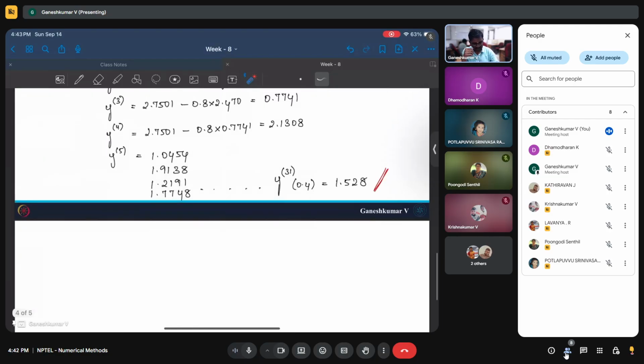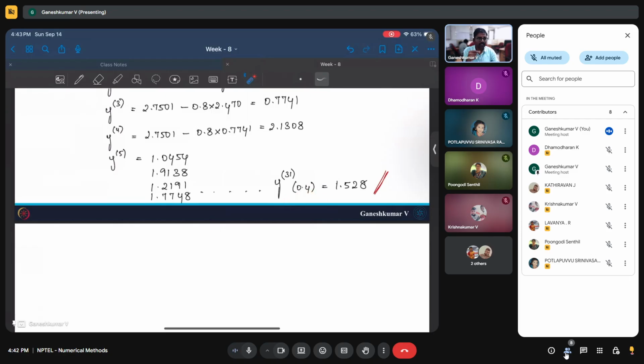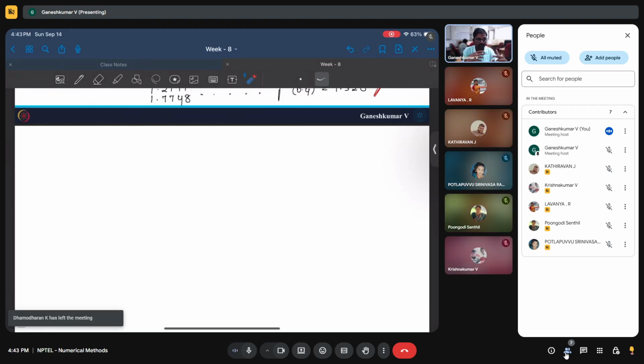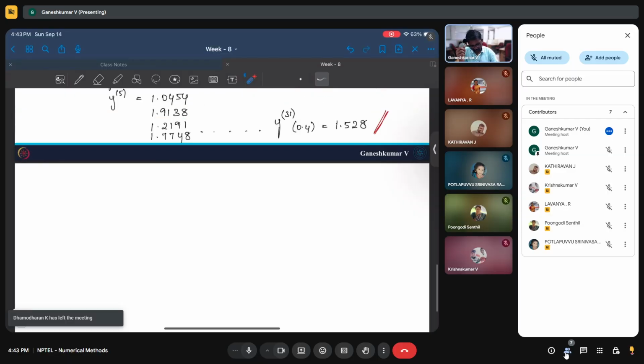After doing all this iteration, I evaluate at 0.2 and use that as a new value. Again I do it for y of 0.4. Again I integrate this function, find the iterative function, and then do the iteration, and you have to take, let's say, 30 iterations or so to reach a converged value. So each and every step size that you take will take an enormous amount of time to find the solution. That is one of the problems with Picard's method, and also it involves evaluation of an integral.